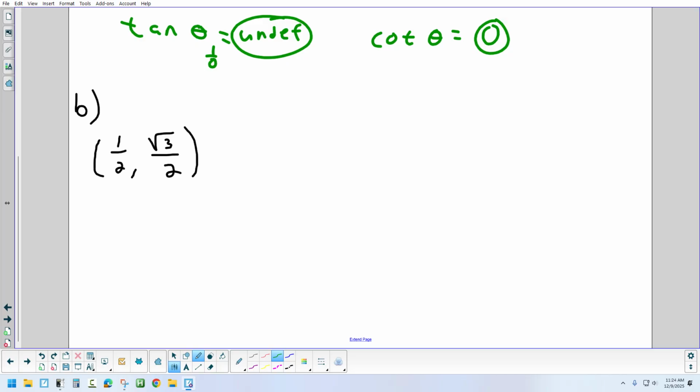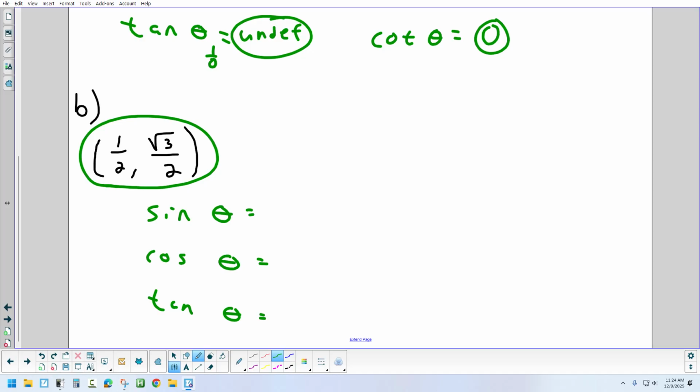So we're going to find our 6 trig functions. Again, we don't know what angle that represents, and maybe this time you really don't know. So we'll just call the angle theta. So if we took the sine of our mystery angle that we don't know, but we do know where it is, what would be the sine of theta?